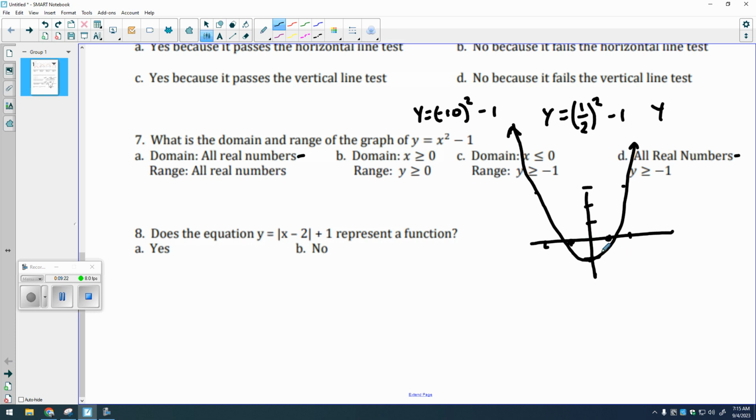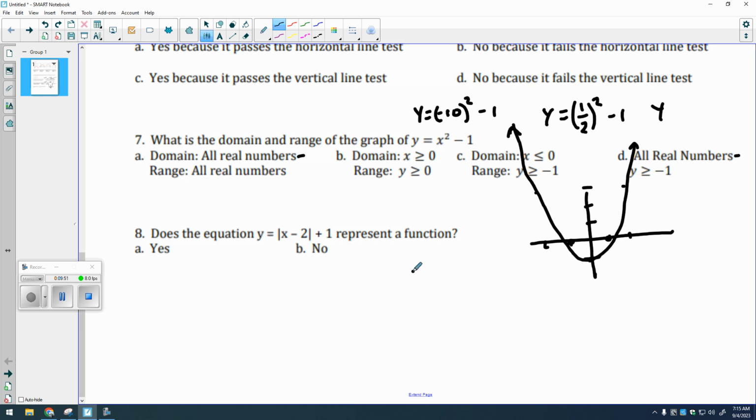There will be a y value that corresponds to every x value. That was a very key point for the next question. There is a y value that corresponds to every x value along the x-axis. My domain from the graph is all real numbers, which is what we said from the equation.